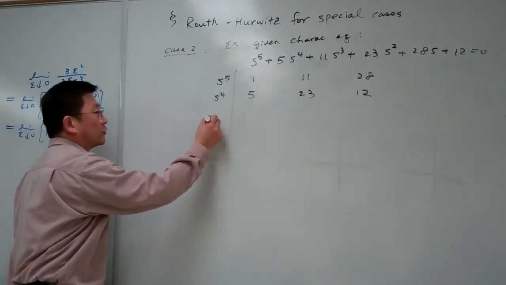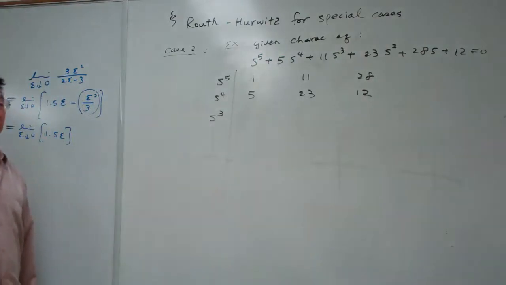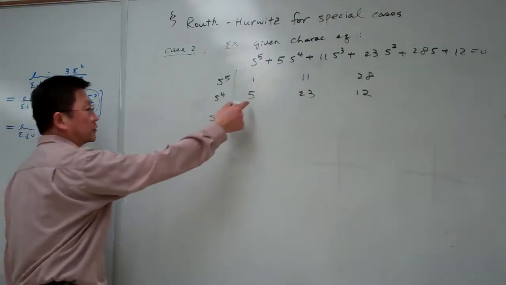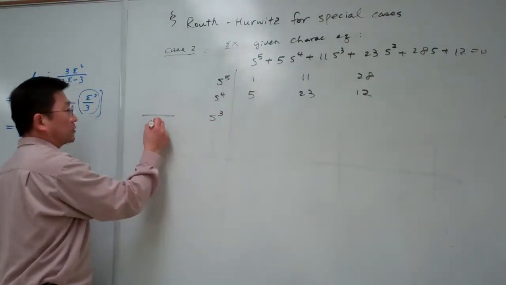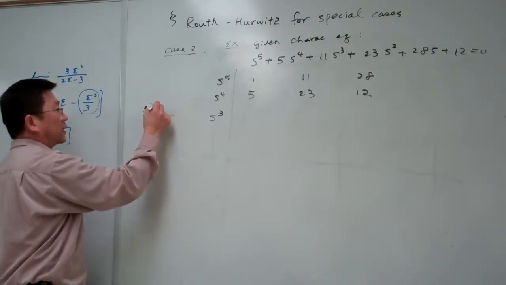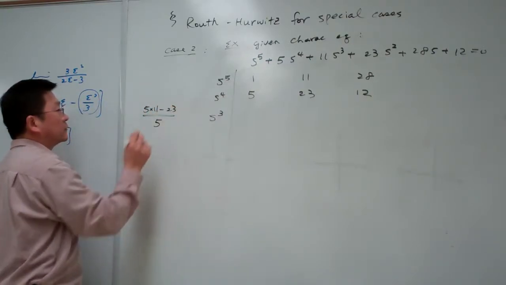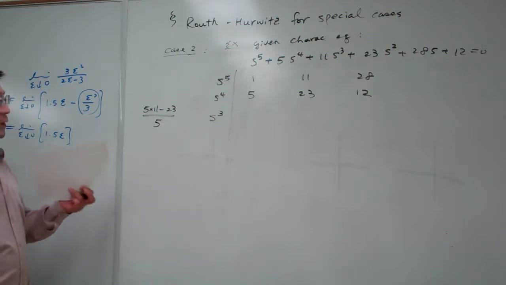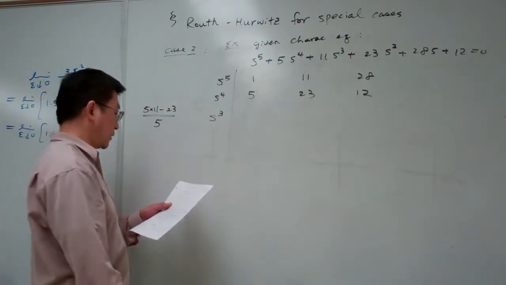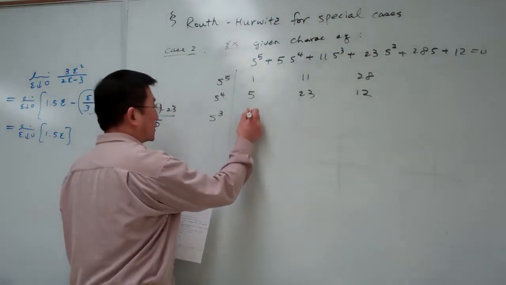So we begin to develop. Here we do the very quick calculations. For the first number, that is 5 times 11 minus 23, so that is 55 minus 23 divided by 5, and this becomes 6.4.